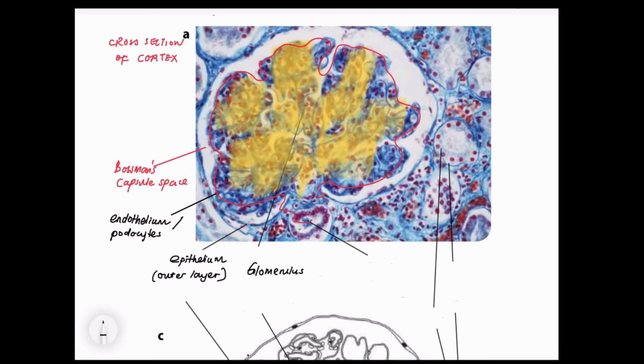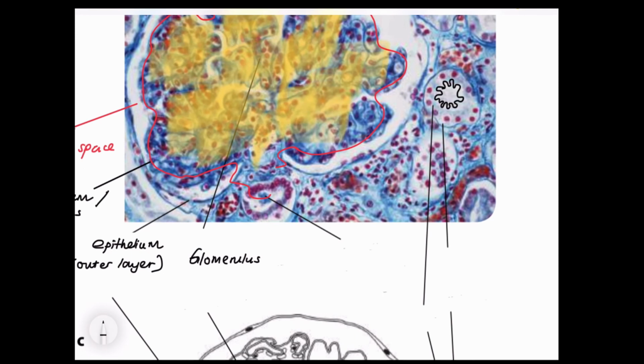And moving on, what are the tubules that are surrounding your glomerulus? So in the cortex, we will be able to see PCT and DCT. So what are the adaptations of PCT and DCT? For a PCT, they actually have a smaller lumen as it has brush borders. If you zoom in, you might be able to see microvilli.